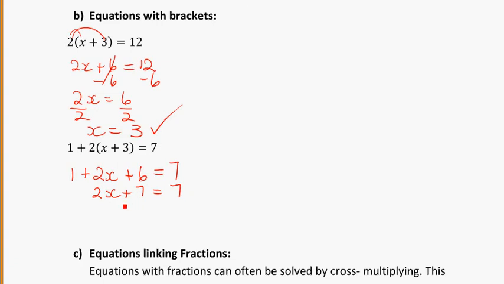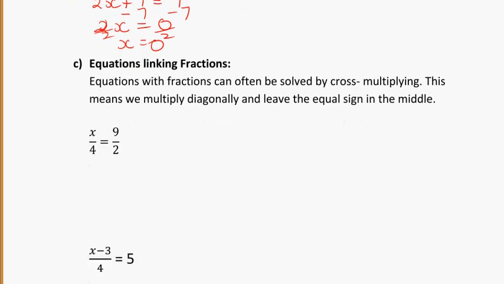Now I'm going to subtract 7 off both sides. 2x equals 0, and if we get an answer like that, x is, if you divide both sides by 2, if you've got 0, you've still got 0 when you divide it by 2. And so the answer is 0. So you can get fraction answers, you can get 0 as an answer, you can get negative answers.